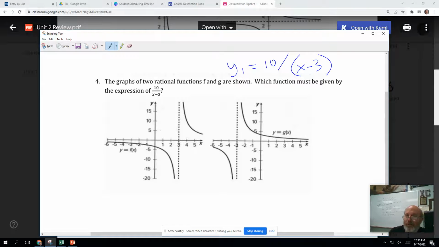Otherwise, the calculator is not going to read it right. If you have more than one thing there, you need to put the numerator or denominator in parentheses. If all you have is a number or an x, you don't have to put it in parentheses. But if you have 10x up top, you have to put it in parentheses. Okay.